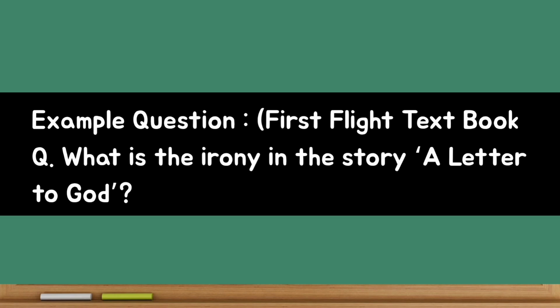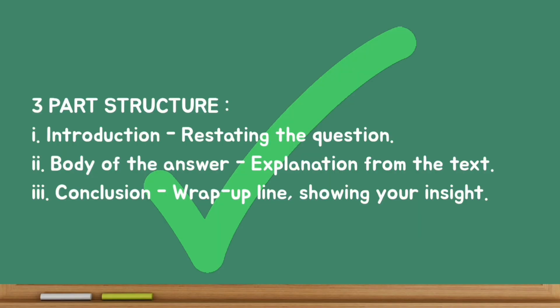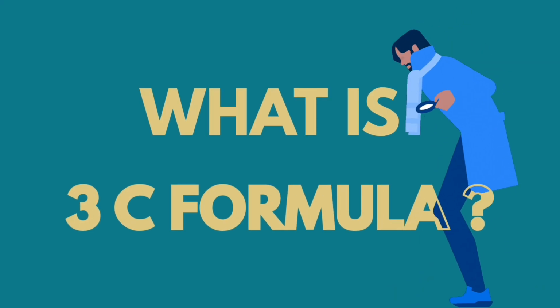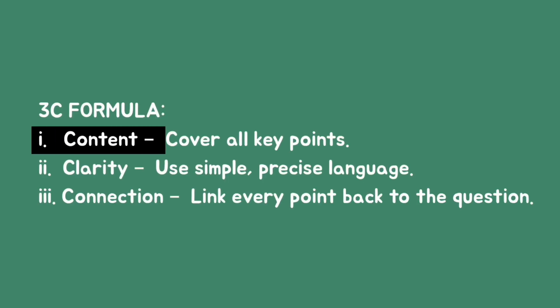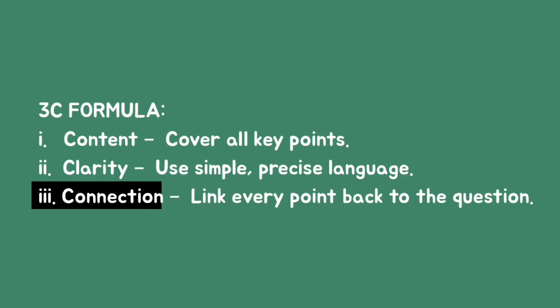Here, your answer will follow the 3-part structure and the 3C formula. We have understood the 3-part structure in the beginning of this video, and now you might be wondering, what is the 3C formula? 3C formula is content, clarity, connection.